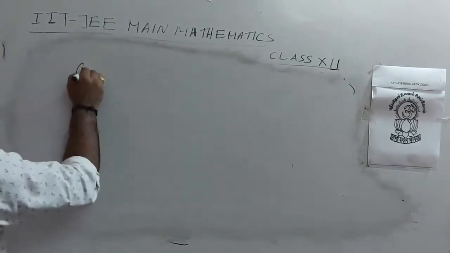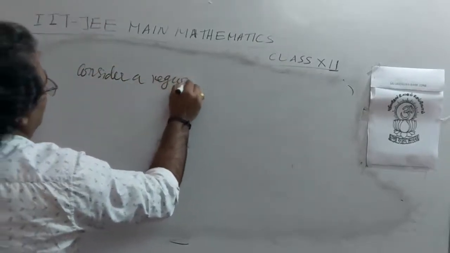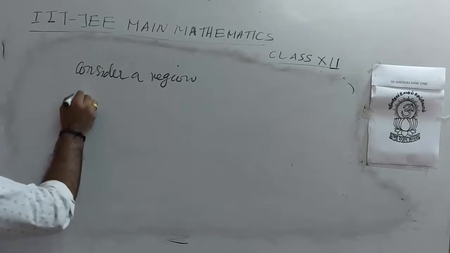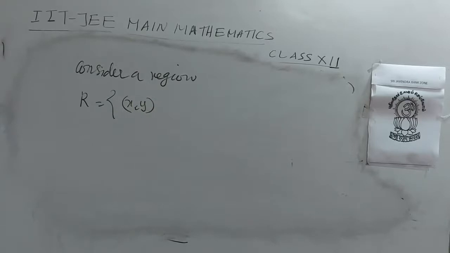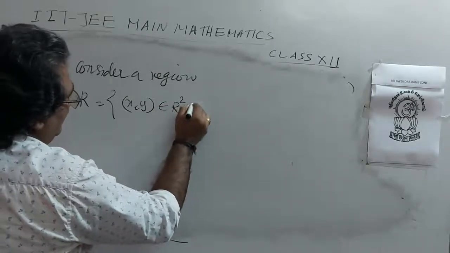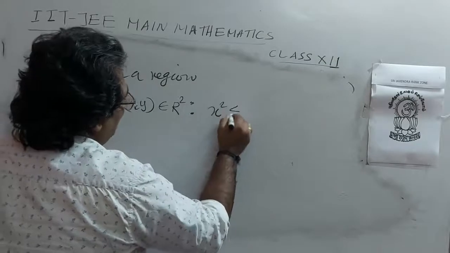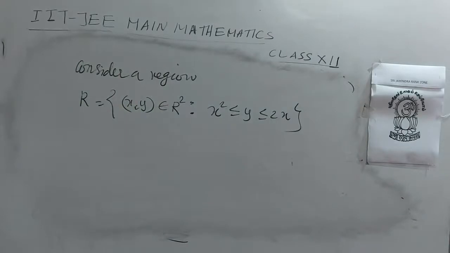Next question. Consider a region, the set of all (x, y) belongs to R², x² ≤ y ≤ 2x.